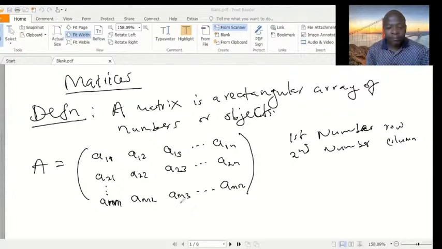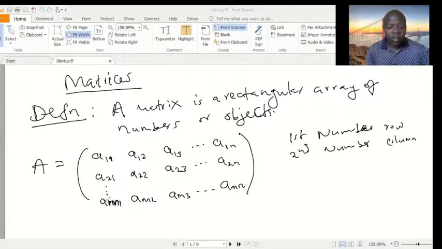So this element, for instance, is in row 1, column 1. This one is in row 1, column 2. This one is in row 1, column 3, and so on, up to row 1, column n. This element is in row 2, column 1, row 2, column 2, row 2, column 3, and so on.